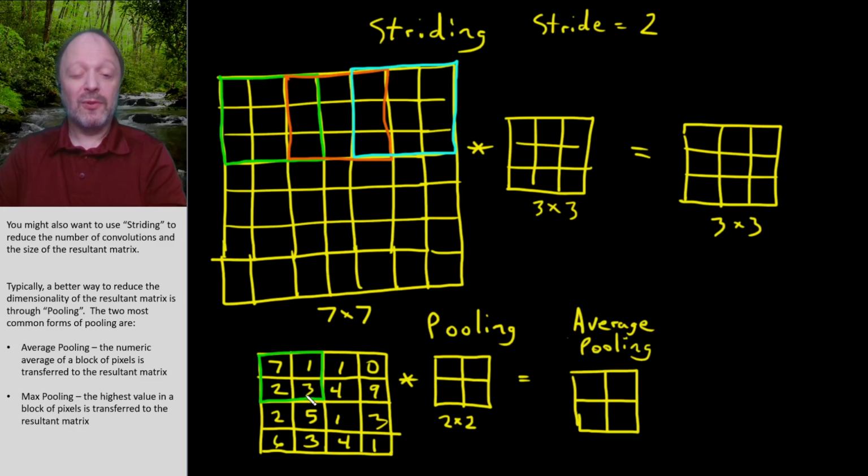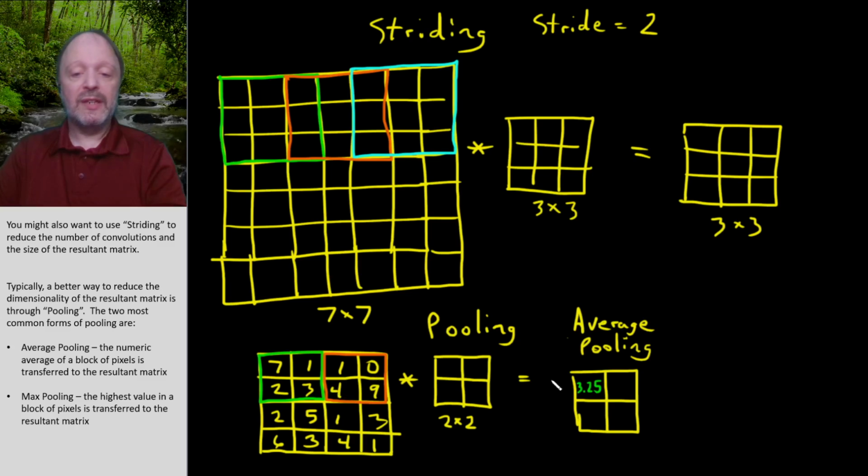So the average of those four, let's see, that's 7 plus 3 is 10, plus 3 is 13. 13 divided by 4 is 3.25, I think so. So that's 3.25. That's what gets put over here. Then it comes over to the next set of values. It completely skips over, so it's going to be this set of values now, and it finds the average of those values.